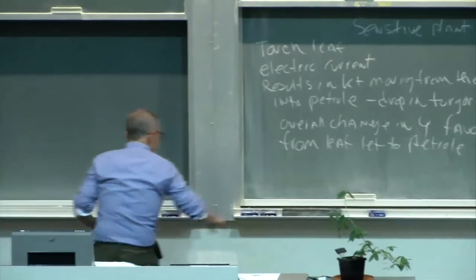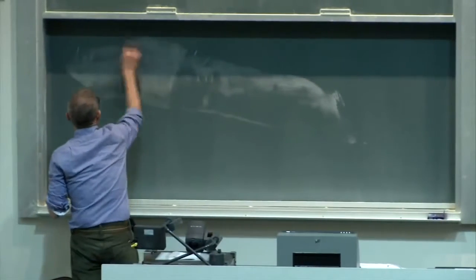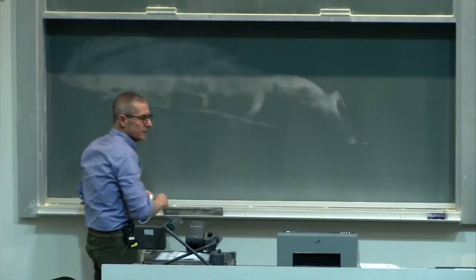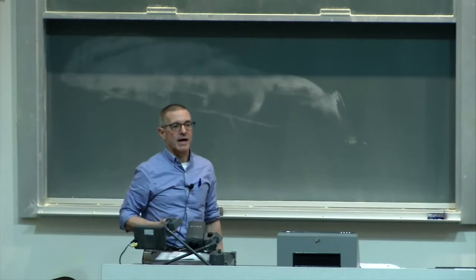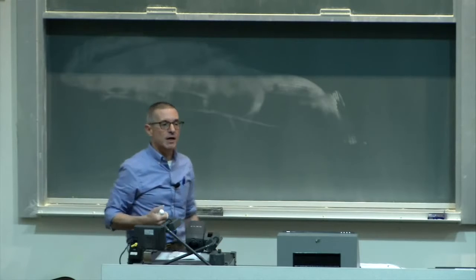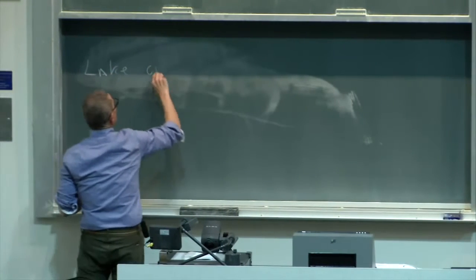Now, in your problem set, we ask you to calculate the water potential of a number of situations. And one situation which you are given to ask, as far as calculation is concerned, is a lake. That is an open body of water.